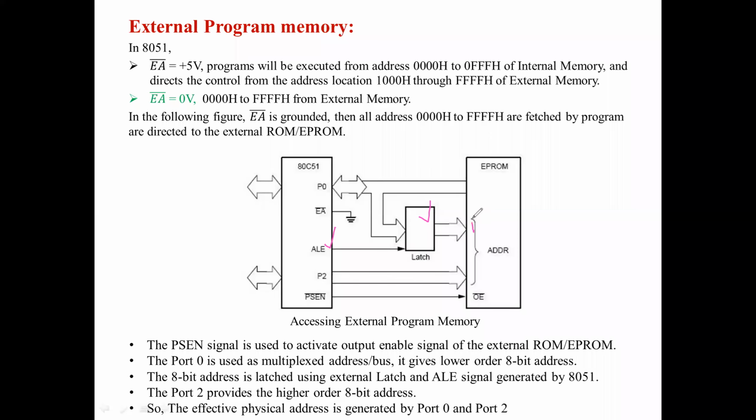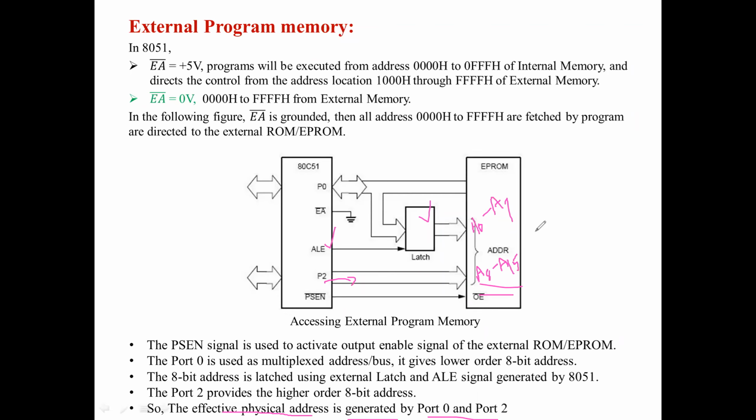So you will get A0 to A7, and in port 2 you will get A8 to A15. Totally the 16-bit address is given to the ROM, so that the corresponding location is selected. This forms the effective physical address generated by ports 0 and 2.